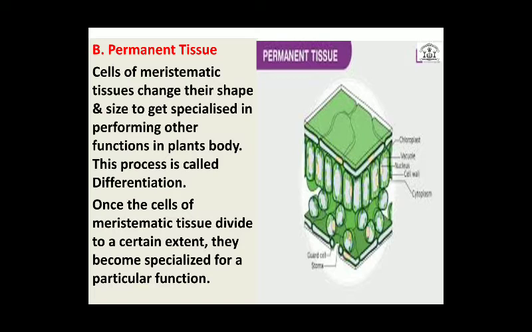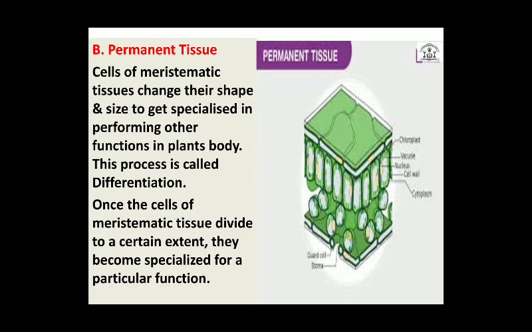This process is called differentiation. Usually cells of meristematic tissues are differentiated to form different types of permanent tissues. So the meristematic tissue is the reason for the existence of the permanent tissue.